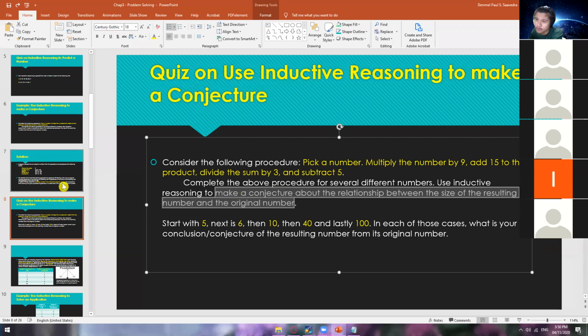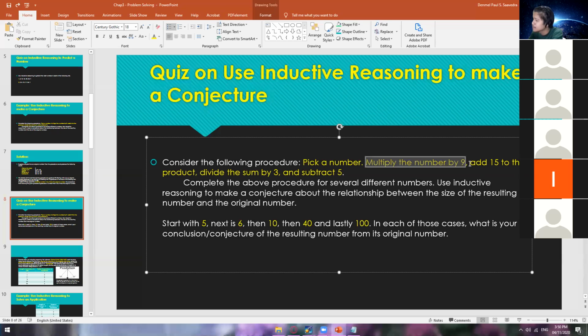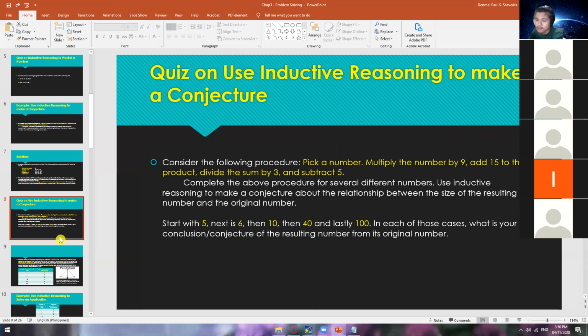It is the same question as the last example, just with different numbers: multiplied by 9, add 15, and so on. This one will be your second quiz.